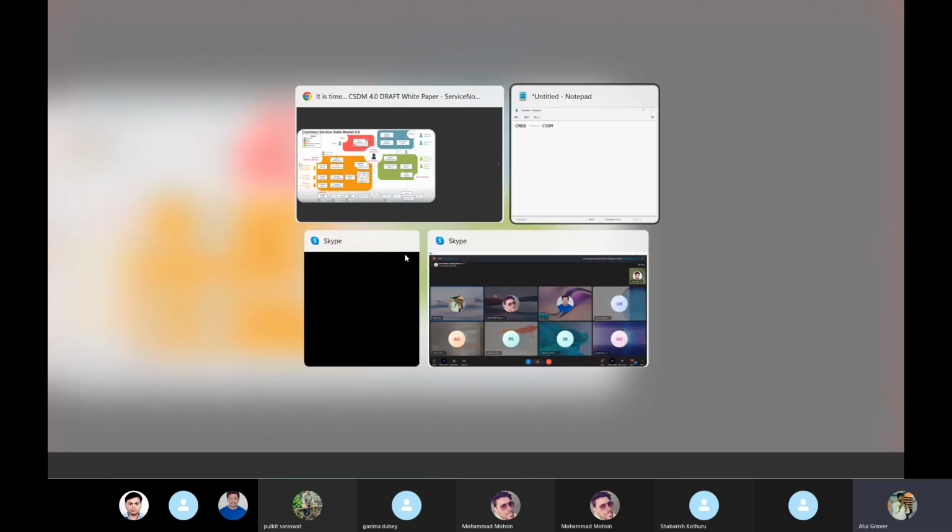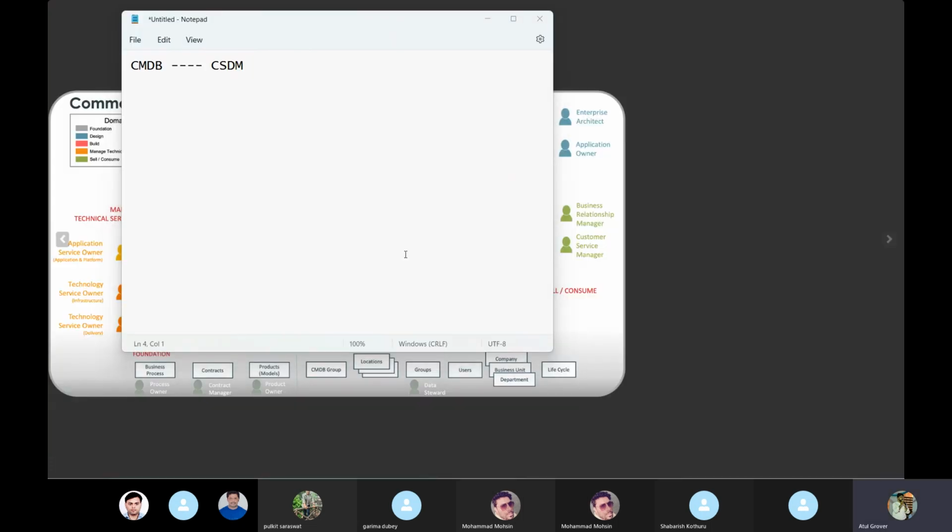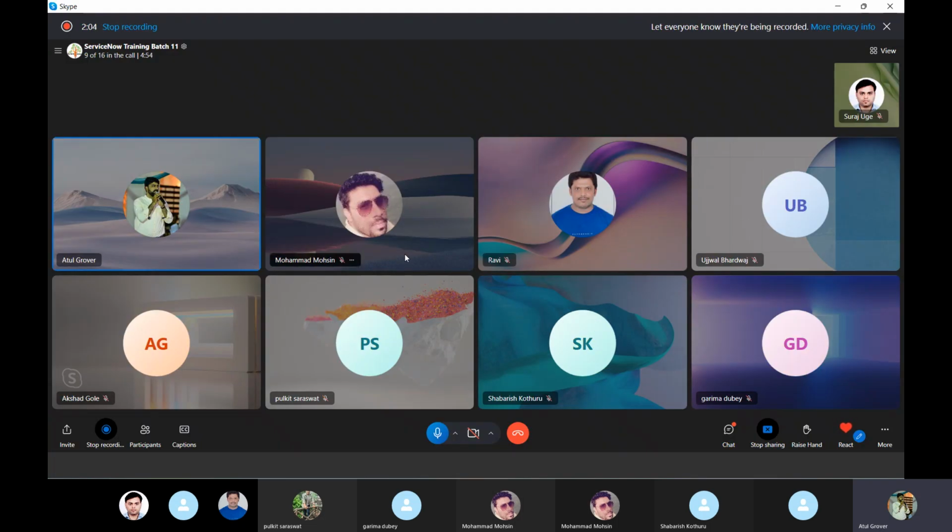Now let me tell you how this process actually started. Till now, you know there's a concept called the CMDB, where we have CIs. CI stands for configuration item, the components which help a company provide services to their customers.